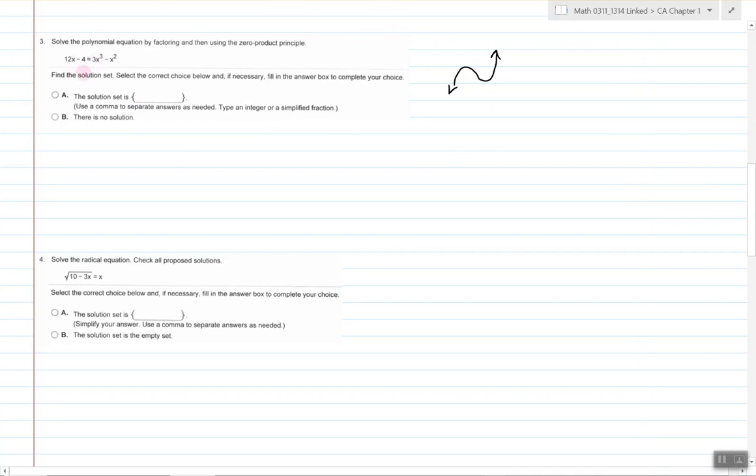I'm going to bring the 12x over here and the -4 over here. So I'm going to have 3x to the third minus x squared minus 12x. When the 12x moves over here, it becomes negative, plus 4. When the -4 comes over here, it becomes positive, and that will equal 0.